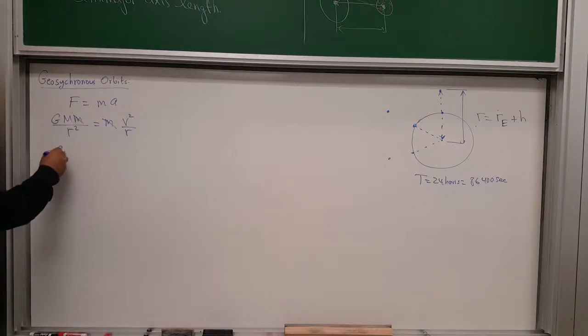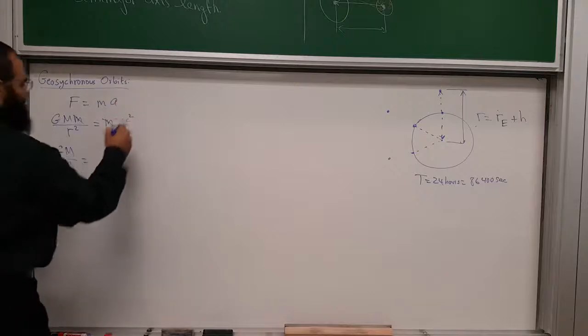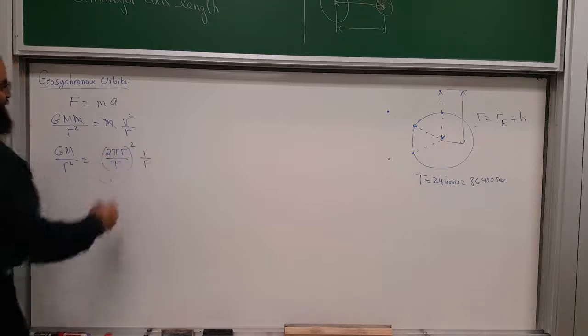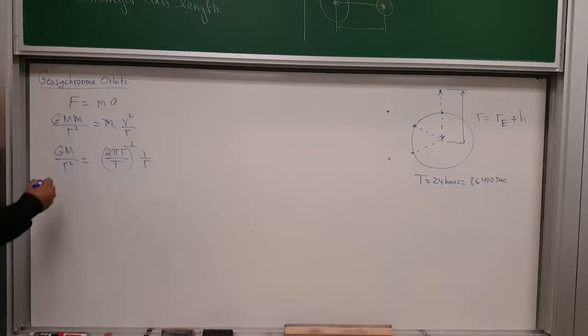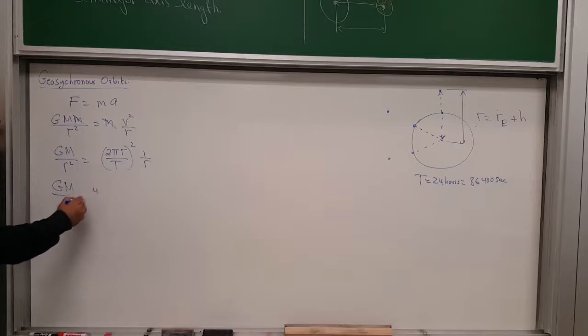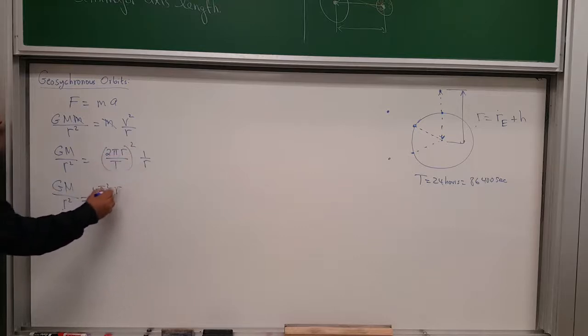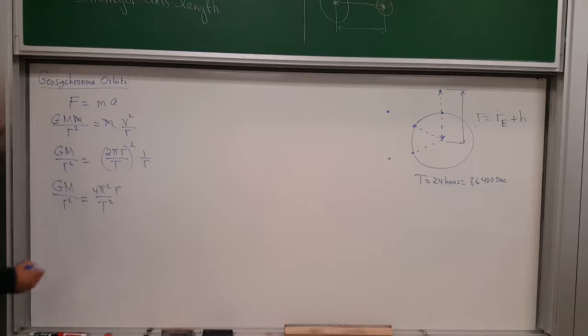So here I will have capital G, capital M divided by r squared, and v will be 2 pi r divided by the period, squared. And don't forget about this little r here. So when you do this, you get capital G M over r squared equals 4 pi squared. r squared over r just gives me an r, and then there is the period squared.